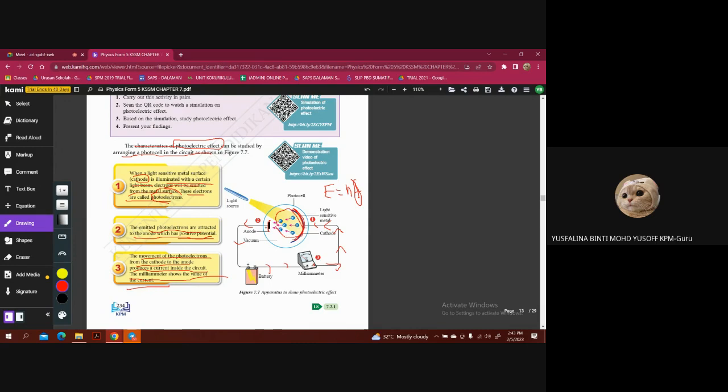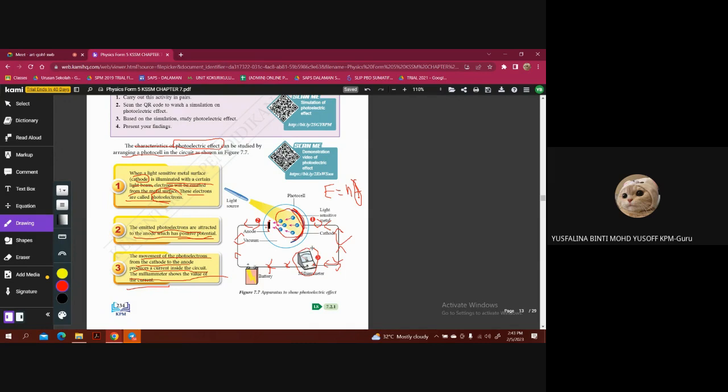Actually the flow of electrons is opposite to the direction from the battery terminal. So if the electrons move from here to here, the direction of the milliammeter will be from the opposite way. So it will move this way, and that's why your milliammeter moves this way.